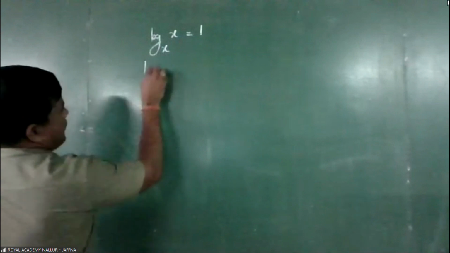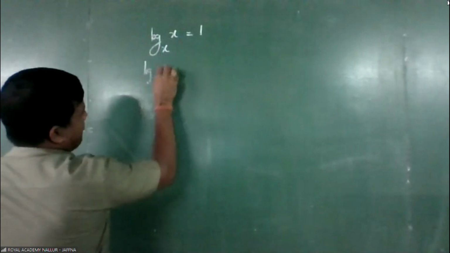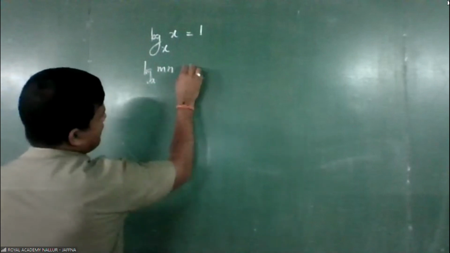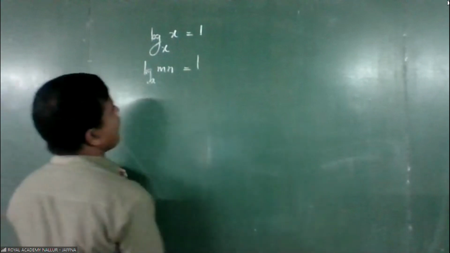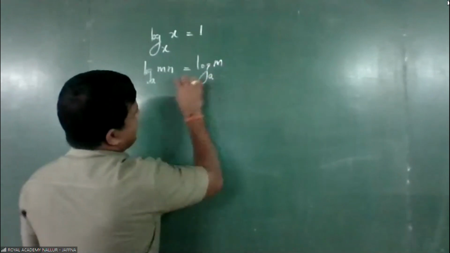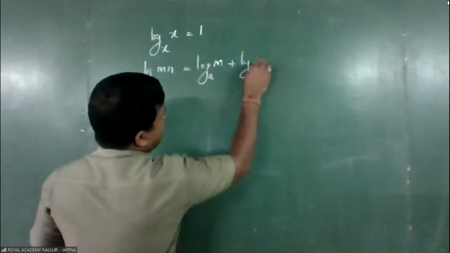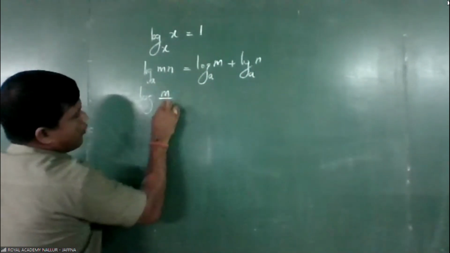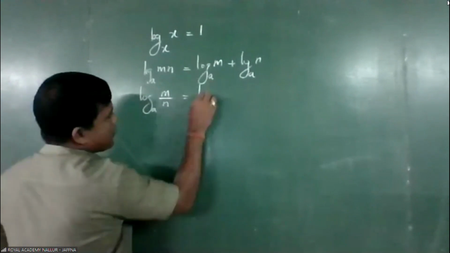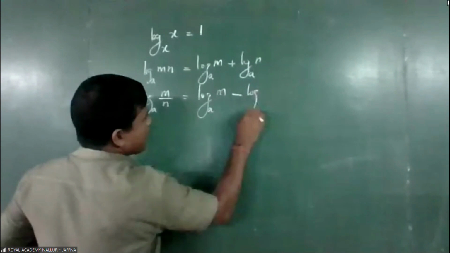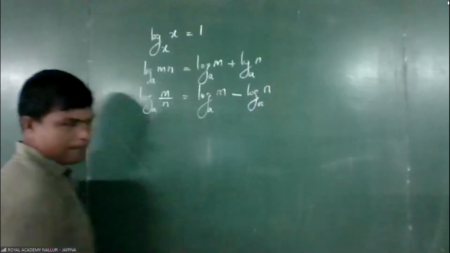Then logarithm of mn, a product of two values, using the index rule we formed it, is logarithm of m to the base a plus logarithm of n to the base a, as well as logarithm of m upon n to the base a is logarithm of m to the base a minus logarithm of n to the base a.